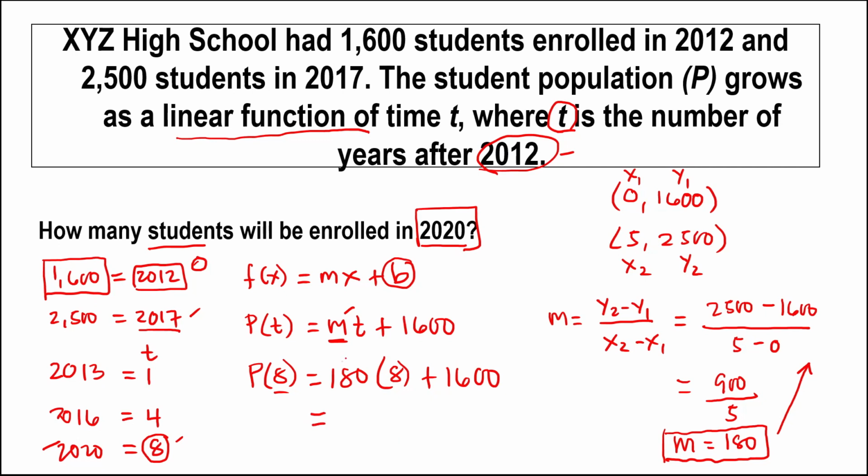Then to simplify, 180 times 8 is equal to 1,440 plus 1,600. So therefore, the number of students enrolled in 2020 is 3,040.